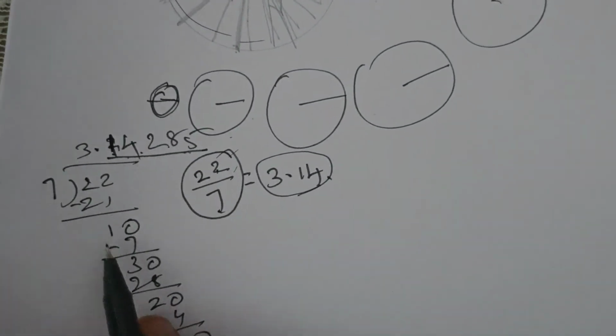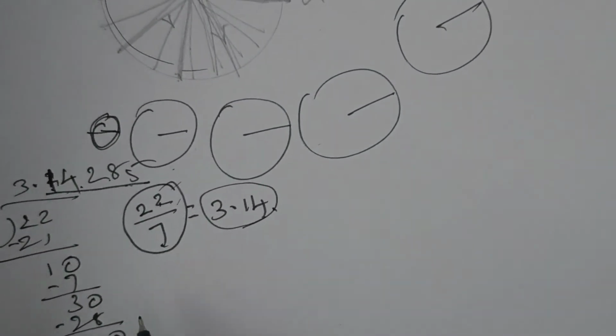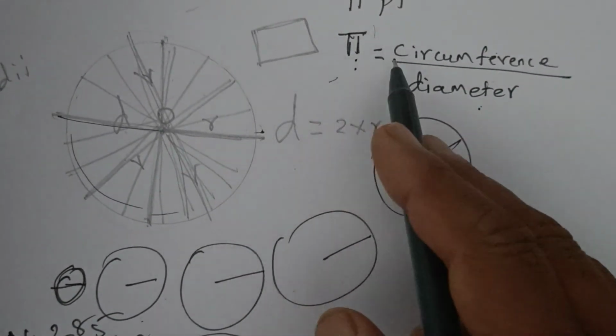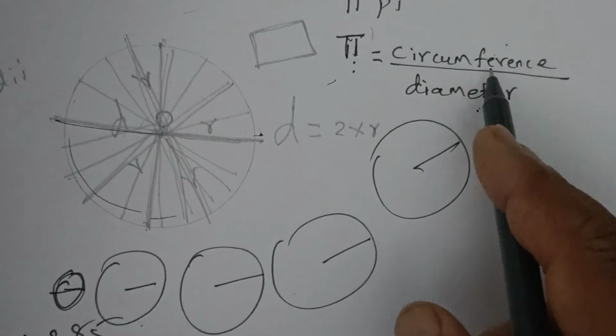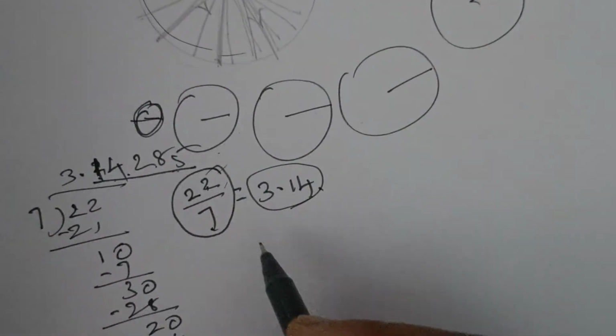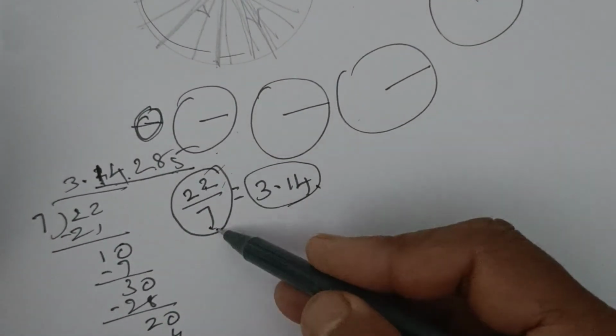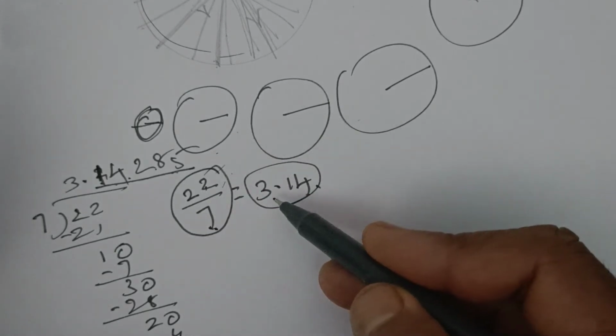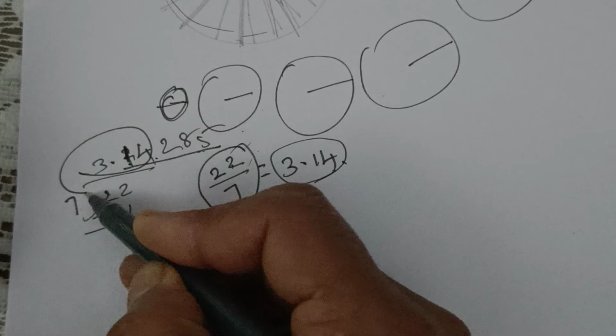I gave you the division just for information. But what you should know at this stage is that pi is the ratio between circumference and diameter, and its value is 22 by 7 as a fraction, and as a decimal we take only the first 2 digits.